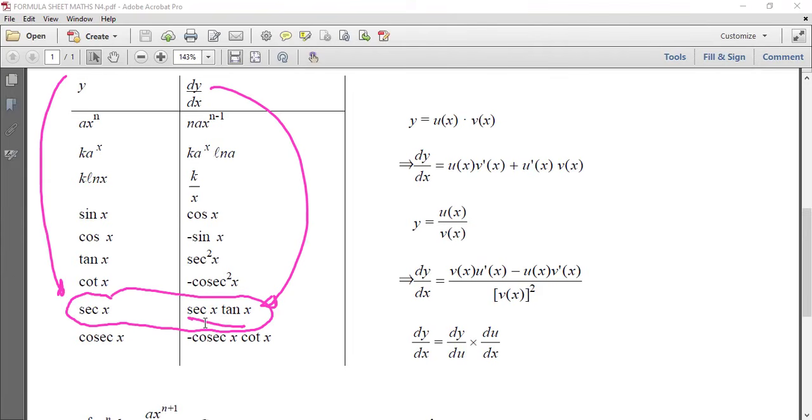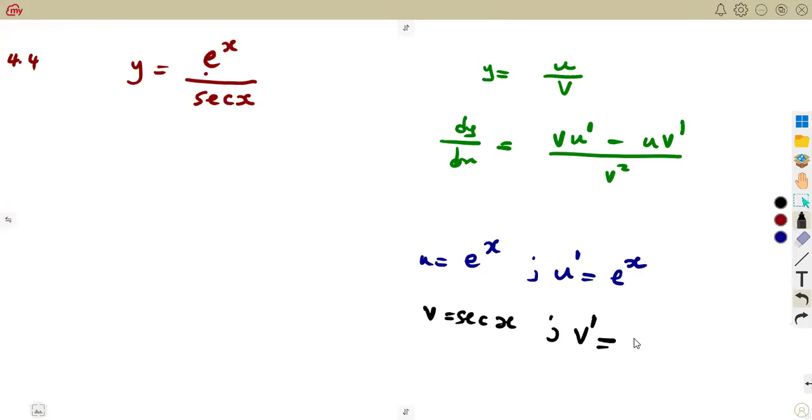So that's sec x tan x that we have there. All right, just like that. So this is sec of x, the tan of x.